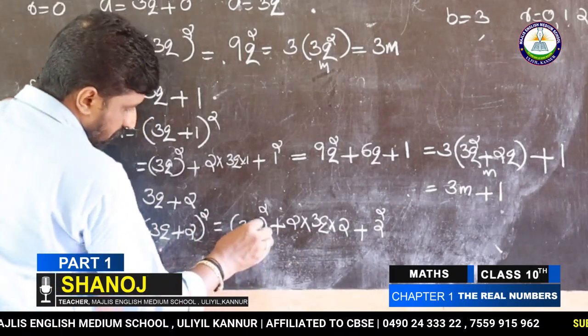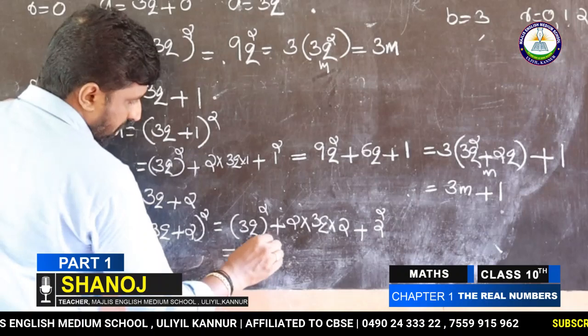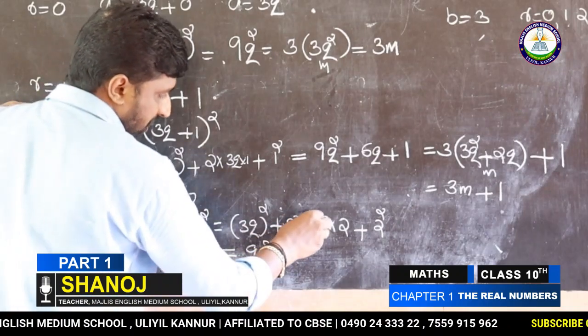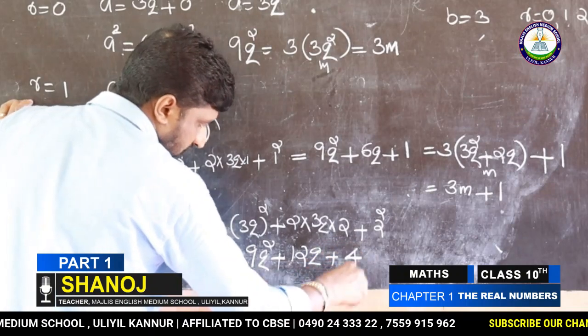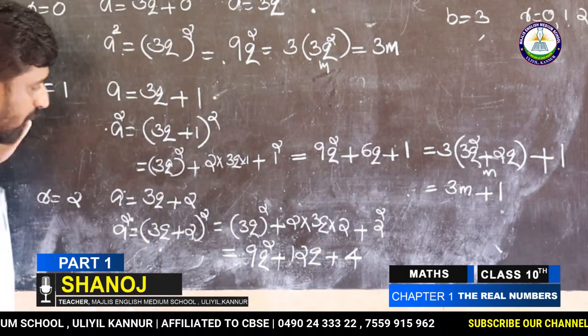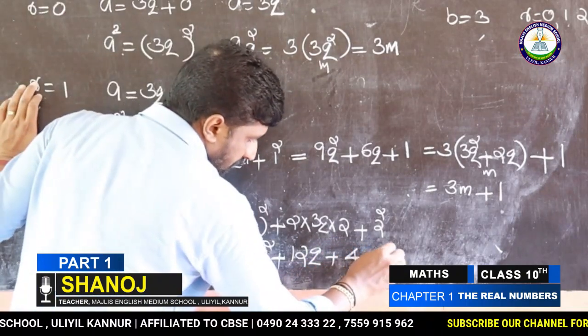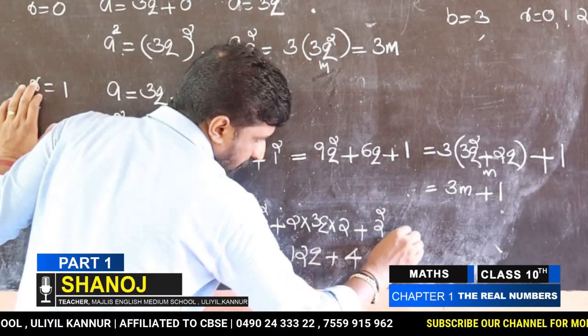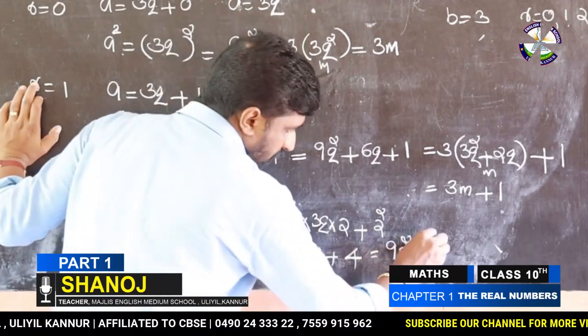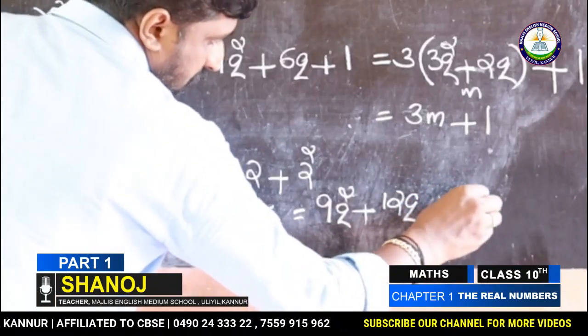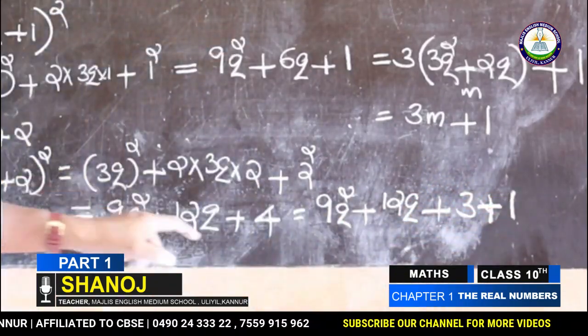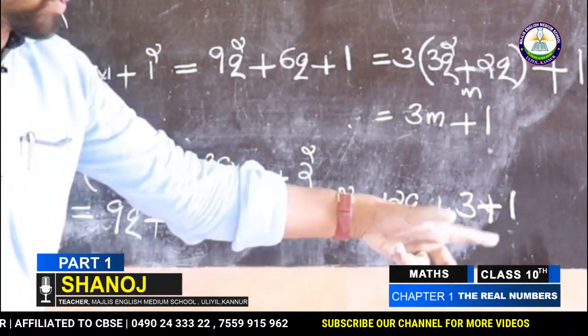Now this becomes 9Q square plus 2 into 3, 6 into 2, 12Q plus 4. Okay. Now we can take it like this: 9Q square plus 12Q plus, this 4 can be expressed as 3 plus 1. This 4 can be rewritten like this, 3 plus 1, that you already know.